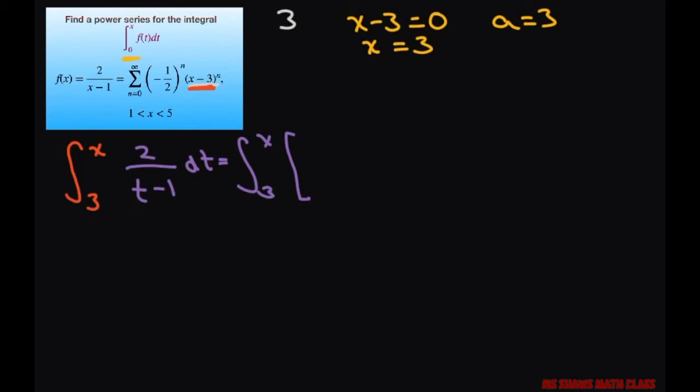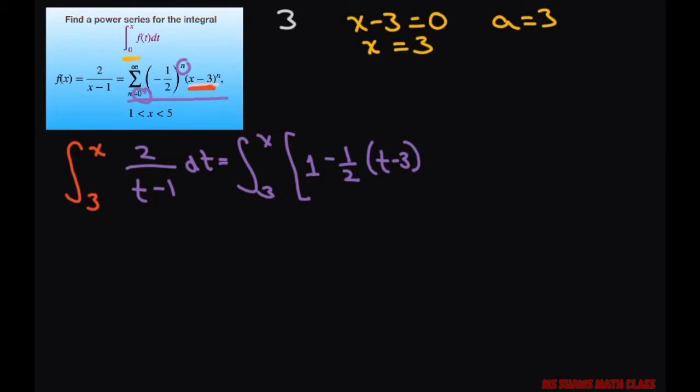And now we're going to expand this, starting with substituting in 0. That's just going to give us 1 for the first term. When you substitute in 1, we're going to get minus 1 half t minus 3.